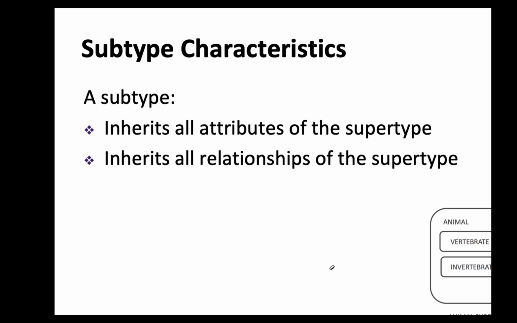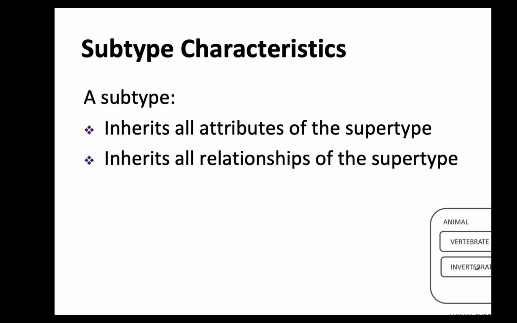It also inherits all relationships of the supertype. So if I am drawing some relationship here to some other entity, it means that this relationship would exist for this subtype and this subtype as well. Inheritance, you know, inheritance, right? In normal inheritance, all the relatives of our mother or father, we have no choice to say that they are not our relatives, right?